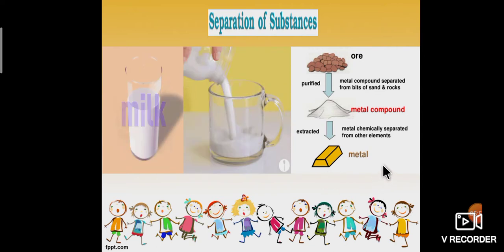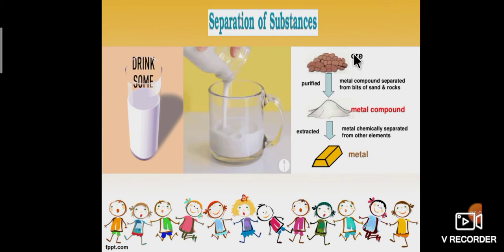Ores are under the earth's crust. So if we want a pure metal, we need to adopt a laborious process of extraction. See the picture here. Ores like sand and rocks are converted to metal compounds. After that, extraction is a process to separate pure metal from metal compounds.